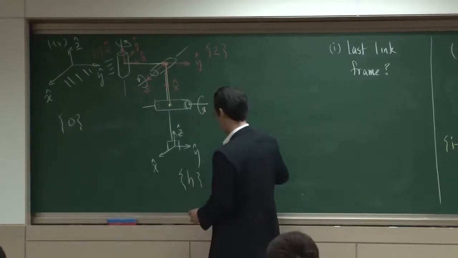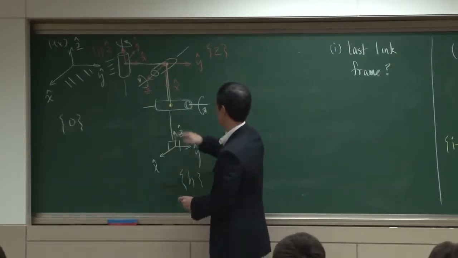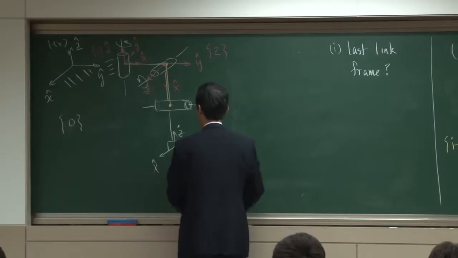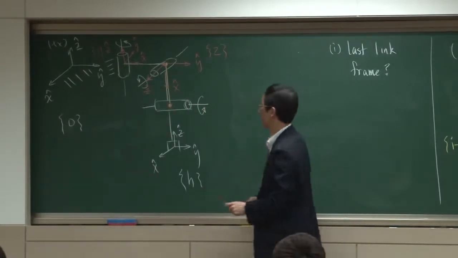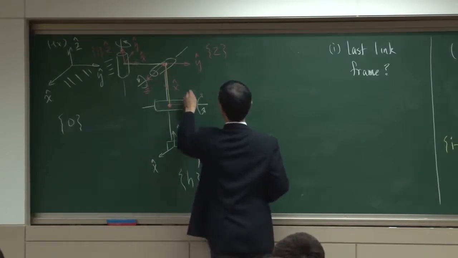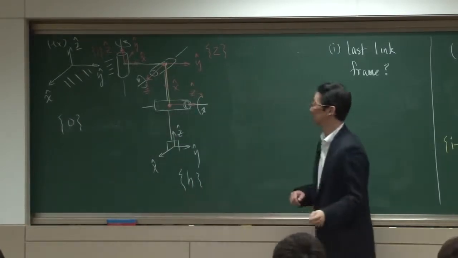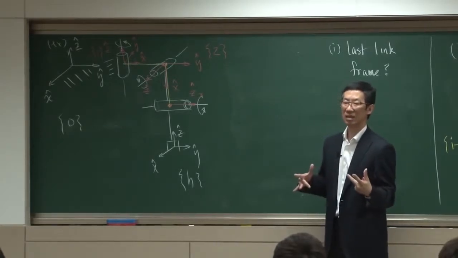In which case, we could put a frame over here, the origin of the frame there. The z-axis is that way. Now the x-axis direction.